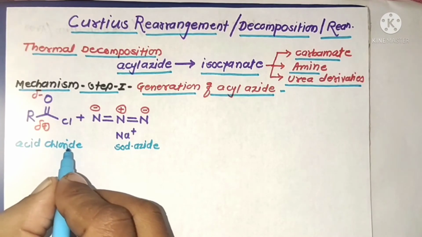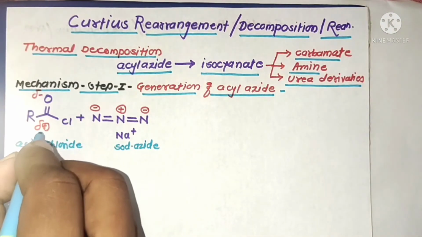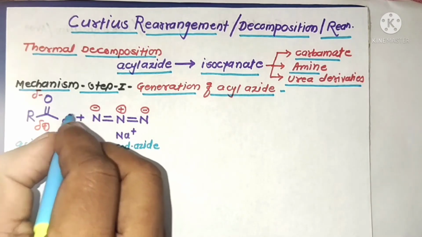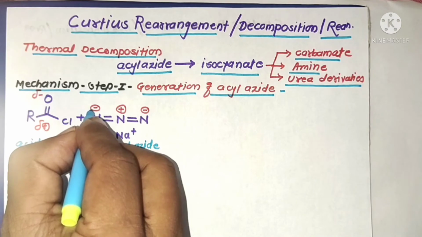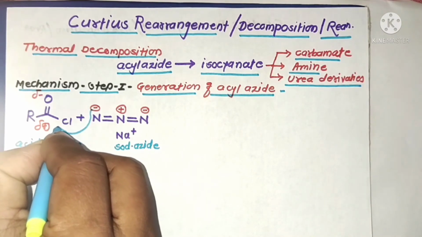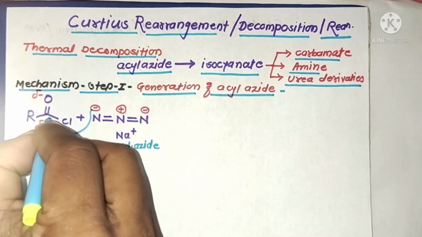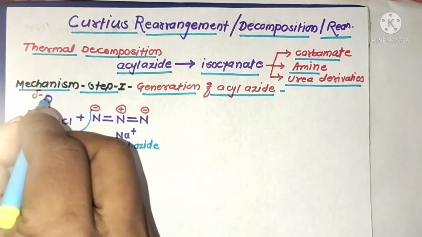Here the sodium azide acts as a nucleophile toward the acid chloride molecule. In the reaction between acid chloride and sodium azide, the nitrogen containing a non-bonded pair of electrons acts as an electron donor toward the electron deficient carbonyl carbon atom, that is delta positive, and the C=O bond is delta negative.